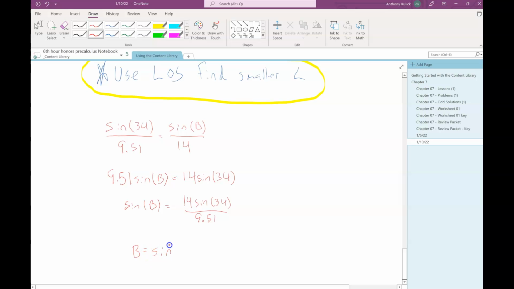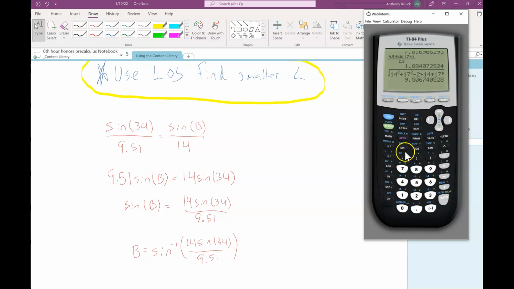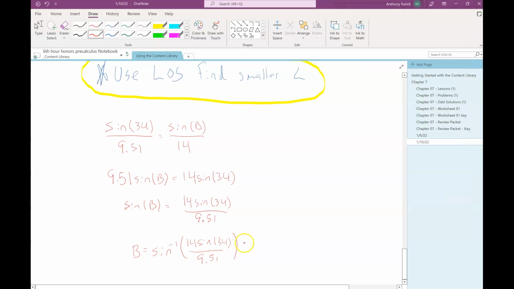Sine inverse. So calculator time. So 5544 is what we get there.